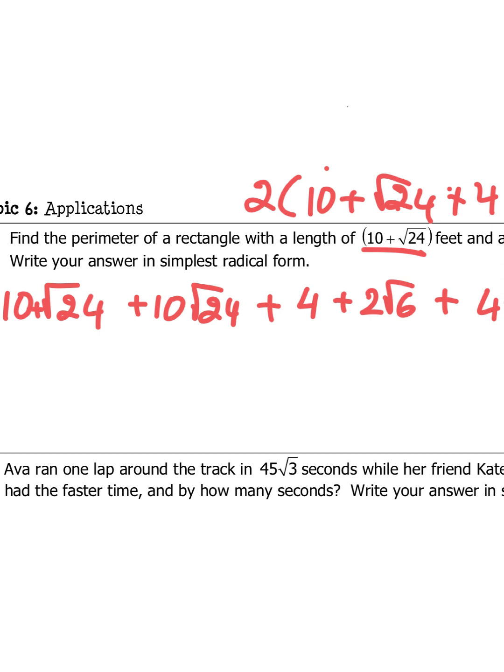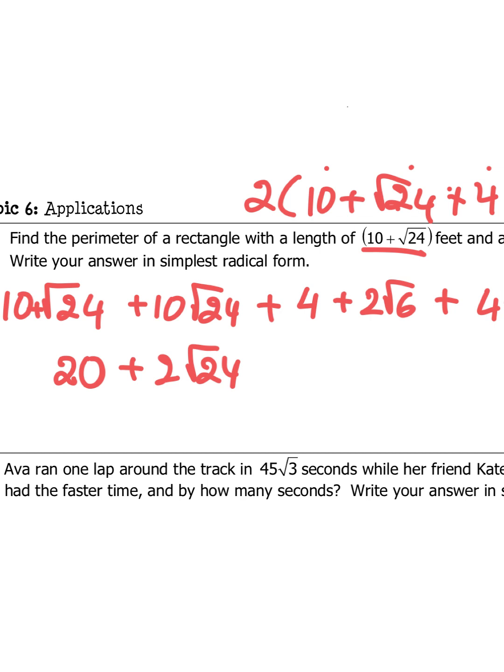So you take 10 plus 4, and then you take square root of 24 plus 2 square root of 16, right? Or I can do it this way. So 10 plus 10 is 20, right? And then square root of 24 and square root of 24, I have 2 square root of 24.